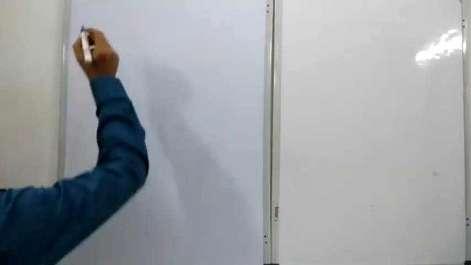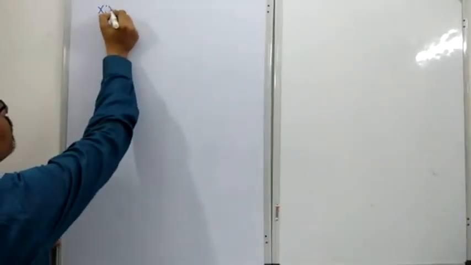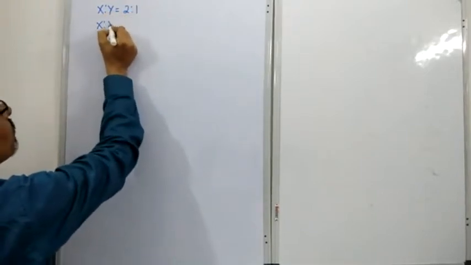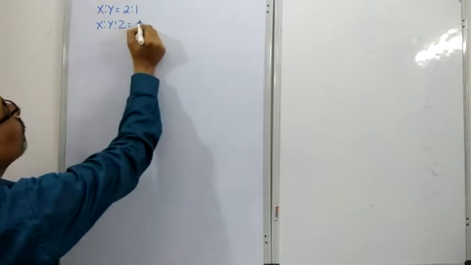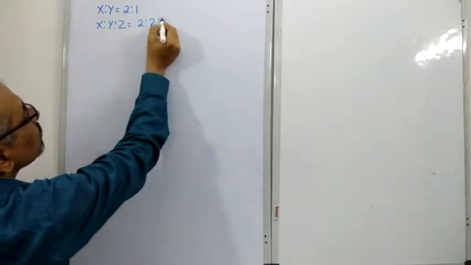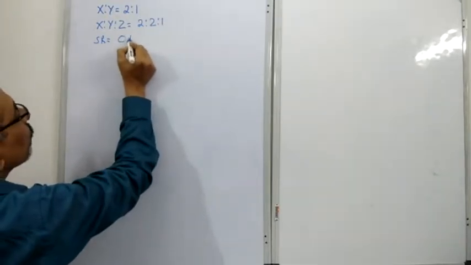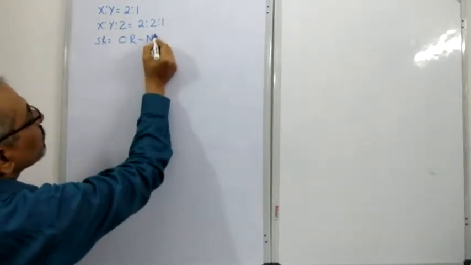So we have the old ratio, the new ratio, and the goodwill of the firm, which is 1,20,000. Now let us first calculate the sacrificing ratio and see which partner is sacrificing. First we have the ratio between X and Y as 2:1, and the ratio between X, Y and Z, the new partner, as 2:2:1. We'll calculate the sacrificing ratio using the formula old ratio minus new ratio.